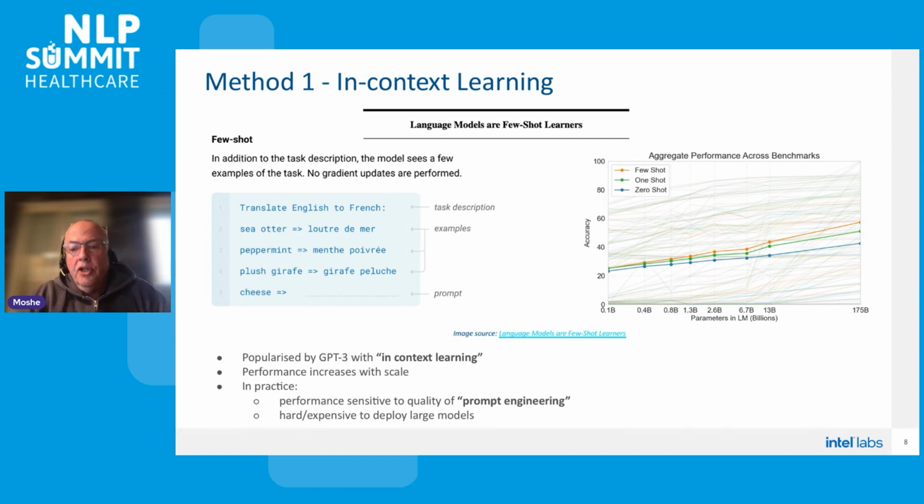The other practical challenge is that trying to actually deploy 170 billion parameters is really quite hard in practice, and it's really very inefficient and costly. So although this is very promising, it has those two limitations.